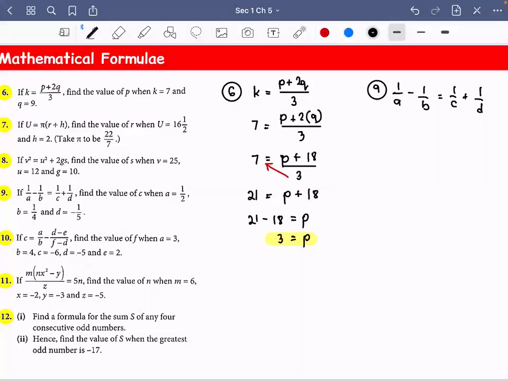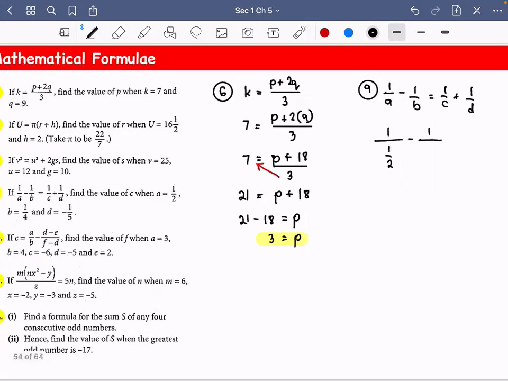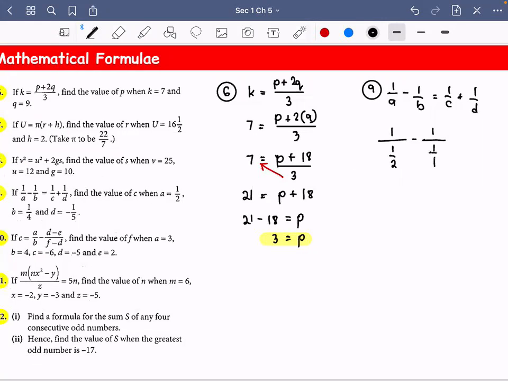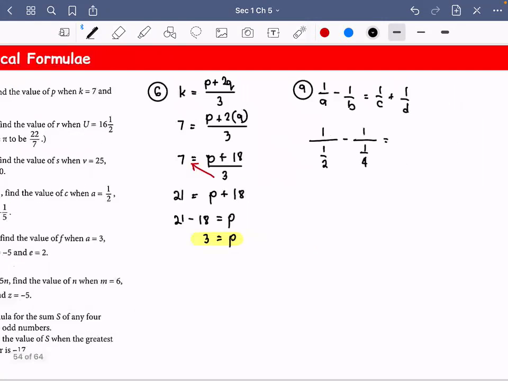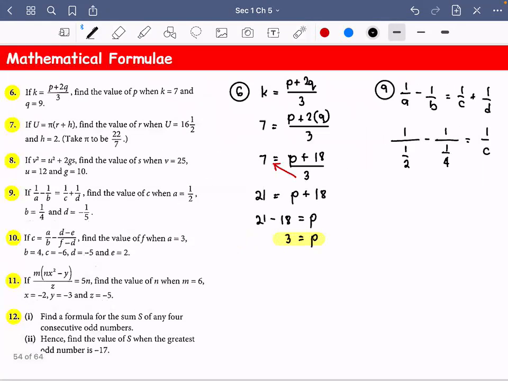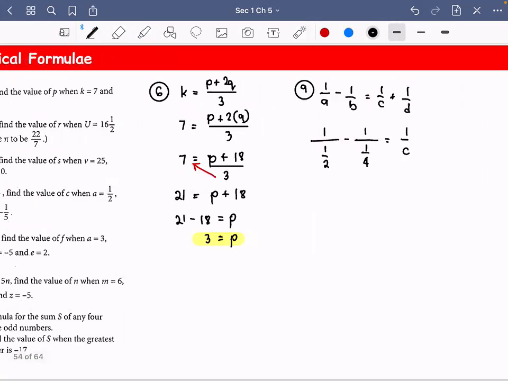So 1 all over 1/2, minus, what is 1 over B? 1 all over, what is B? 1/4, equals 1 over C, that we're looking for C, and then 1 over D. So plus 1 over negative 1/5, right?